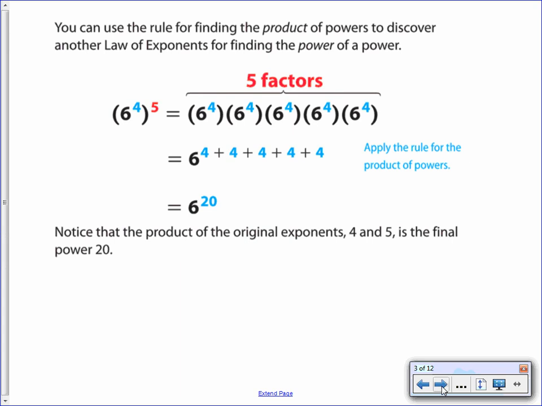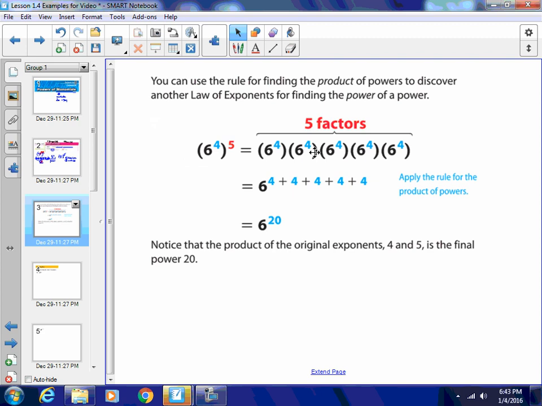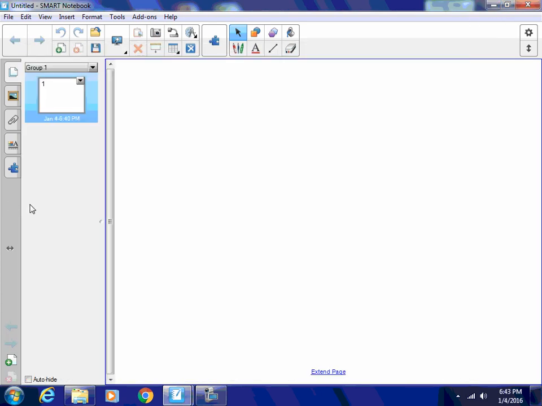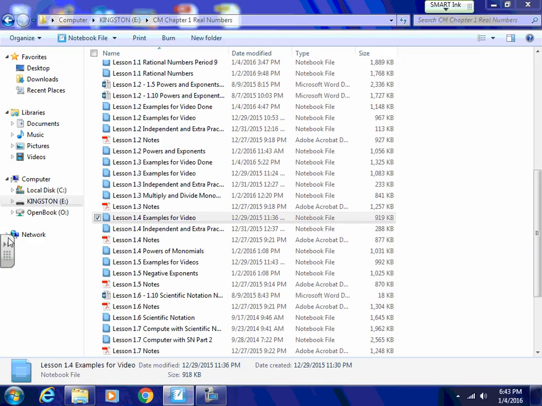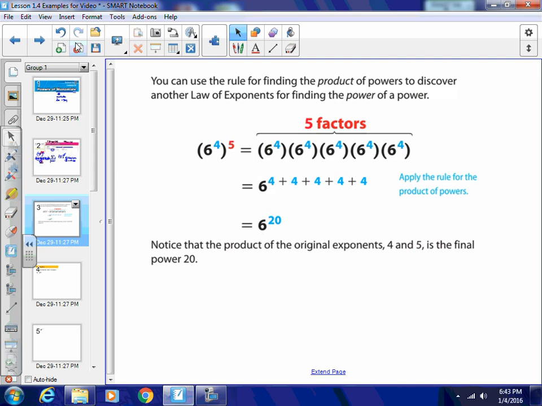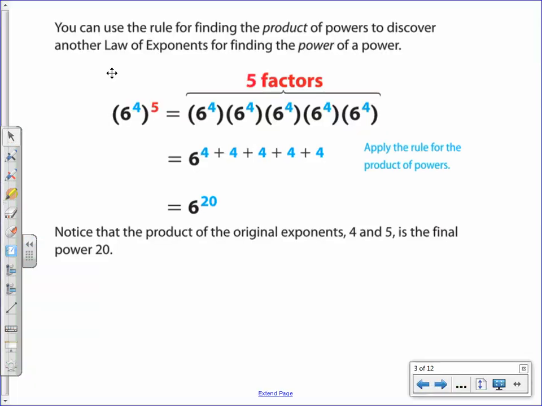Here's the other example that they show you. You can use the rule for finding the product of powers to discover another law of exponents for finding the power of a power. So again, I'm given 6 to the 4th power, all raised to the 5th power. They're showing you exactly the way I'm showing you, is grouping them.